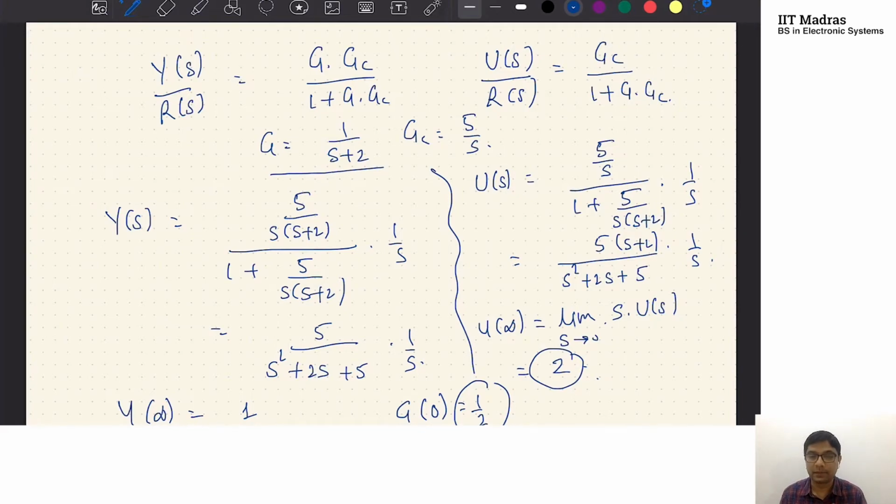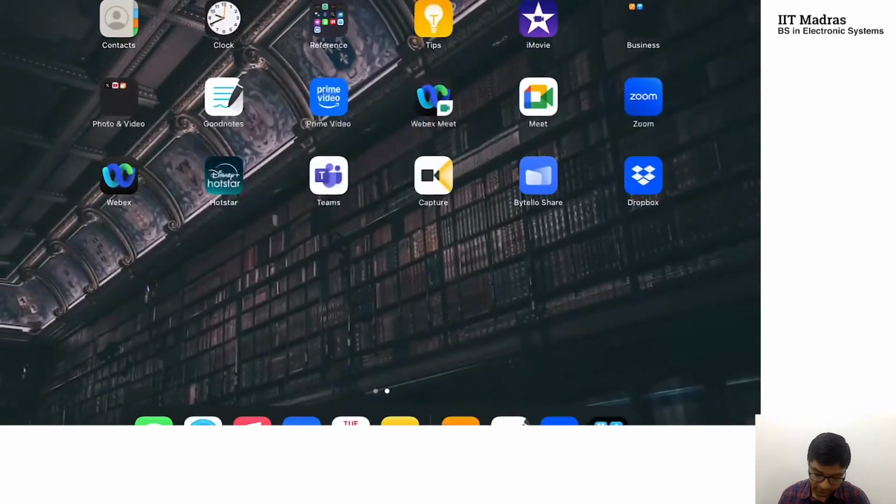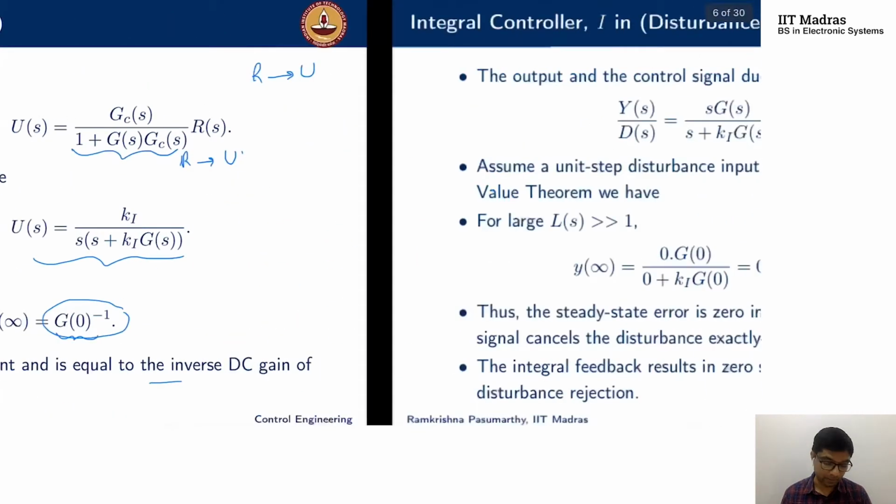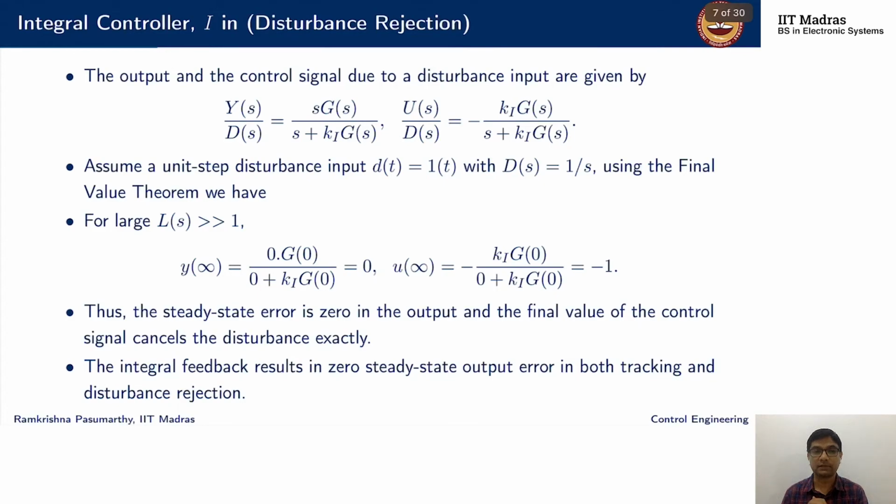So there is some input also. Just like if I just want to hold this at, say, this angle, I need some constant kind of force or something here to hold it at this value. Okay, so this is again nice. The steady state control is a constant and is equal to the inverse DC gain of the plant. And this could be true for several other situations also.